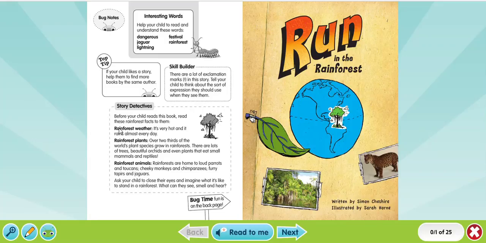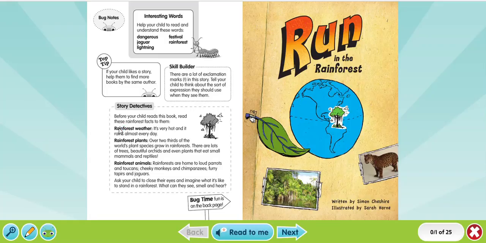Let's think about it. I don't think it is snowy, no. I don't think it is windy, maybe, who knows? But when you hear the word rainforest, we can guess that the weather is rainy, of course.